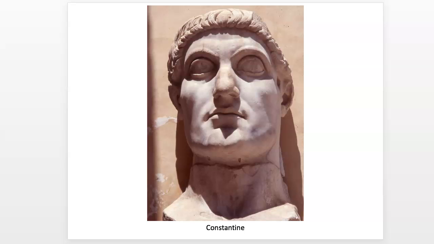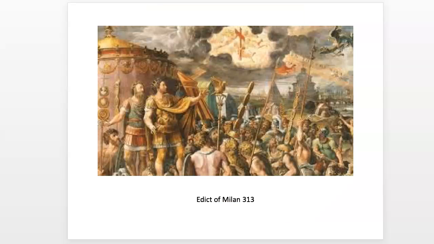He was a low-born emperor who became emperor through battle success, and he's most famous for a couple of things. One of them being the Edict of Milan, which happened in 313, some sources say 312, which is the legalization of Christianity.